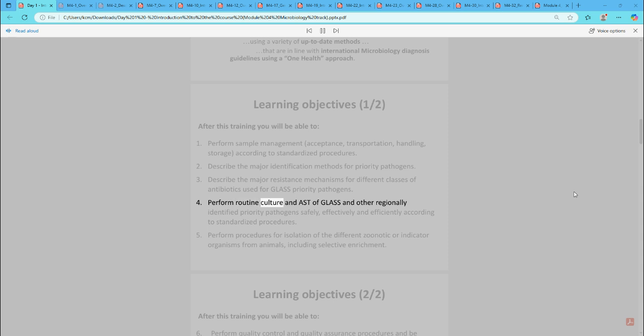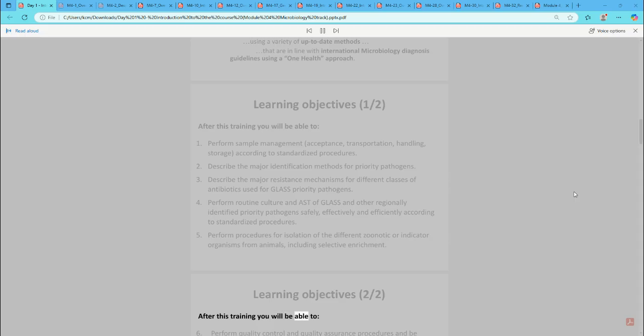Perform routine culture and AST of GLASS and other regionally identified priority pathogens safely, effectively, and efficiently according to standardized procedures. 5. Perform procedures for isolation of the different zoonotic or indicator organisms from animals, including selective enrichment.